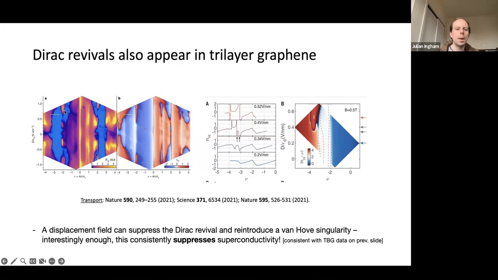And these experimental papers, which all saw this result, saw this as a puzzle because conventionally a Van Hove singularity or large density of states is thought to be good for superconductivity. But this pattern is quite natural if we are to ascribe the correlated physics to these reset Dirac states, as I will do in this talk.